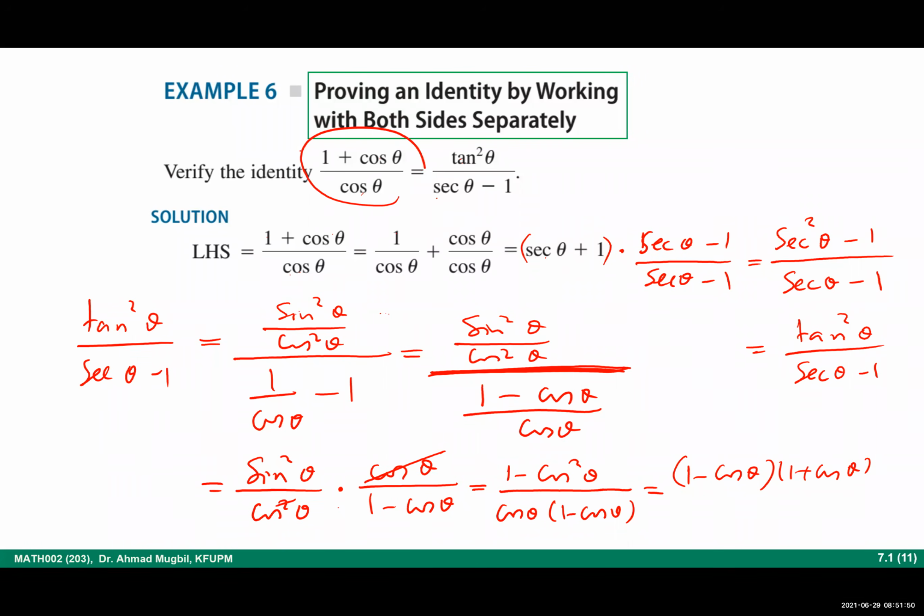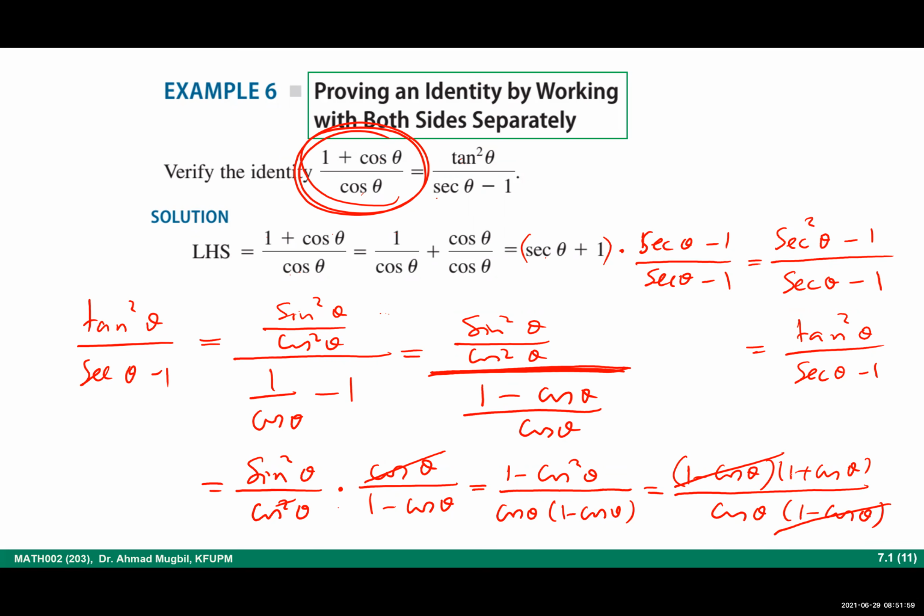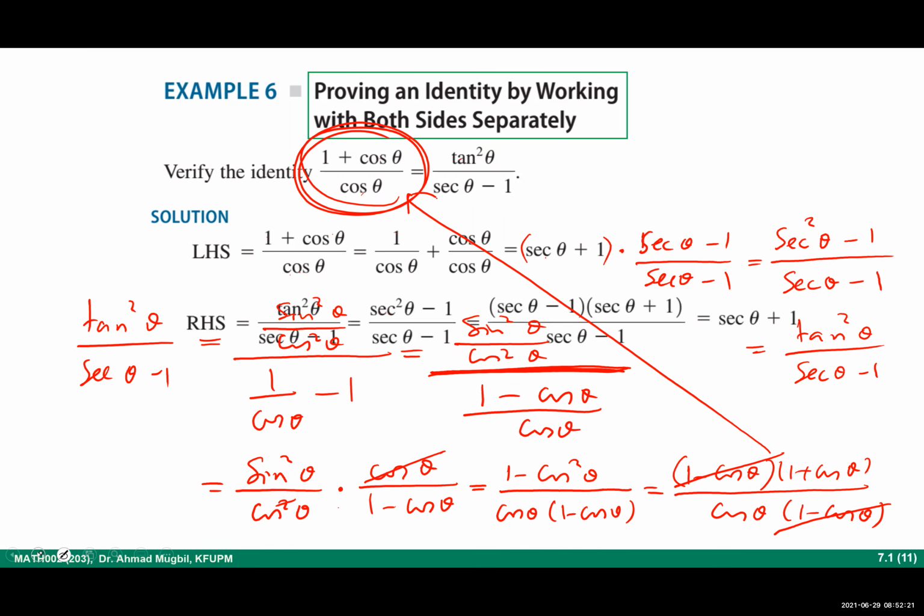My target is this, remember, over cosine theta multiplied by 1 minus cosine theta. Now this will be cancelled with this, and we will have at the end 1 plus cosine over cosine, which is this. We proved that the right hand side equals the left hand side, but Shabab, bringing these two sides to the middle is much better here. Just do 2 or 3 steps there and go to the other side and do the same.